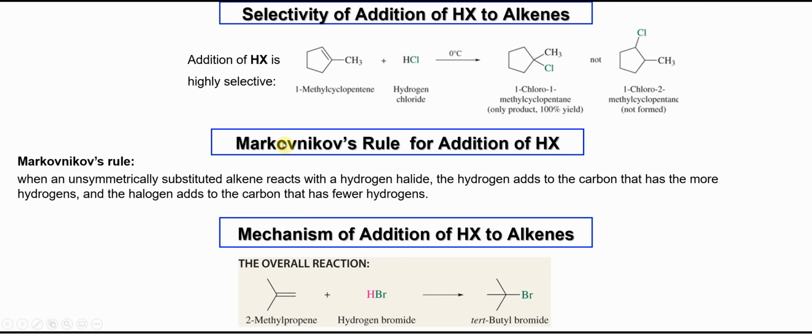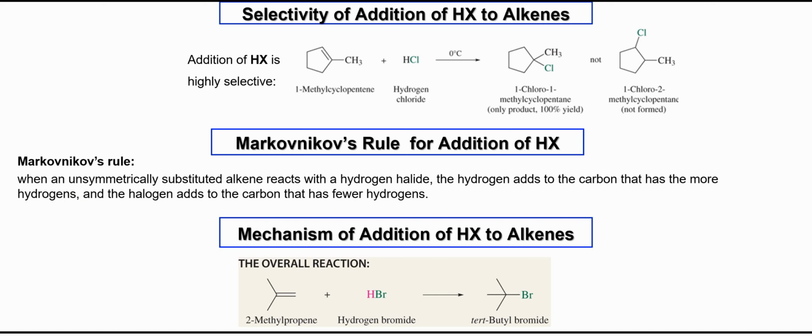Based on Markovnikov's rule for addition of hydrogen halide, you can see this: when an unsymmetrically substituted alkene reacts with a hydrogen halide, the hydrogen atom adds to the carbon that has more hydrogen atoms.